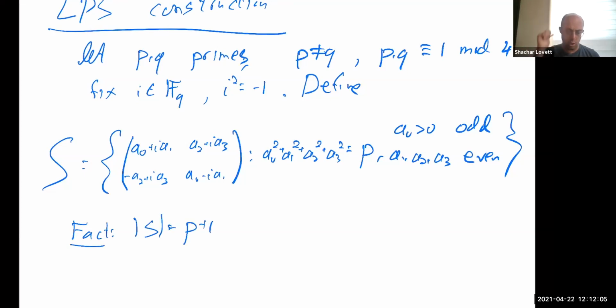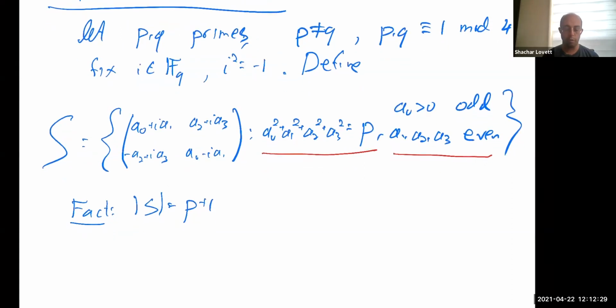If you remember, this Jacobi theorem told you that counting the number of ways of writing p as the sum of 4 squares gives 8 times (p plus 1). And we added this condition just to break symmetries. It tells us for every option which one is odd, which one is even, which one is positive or negative, so this breaks all the symmetries. So this exactly gives you p plus 1, not 8 times (p plus 1).